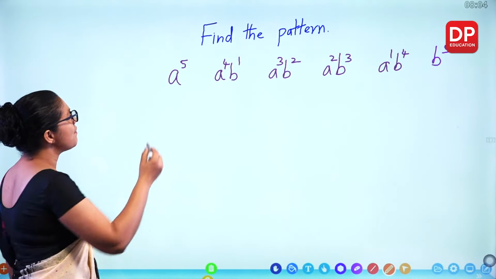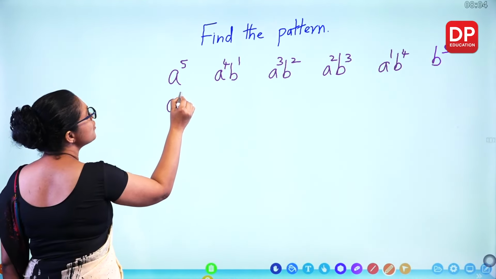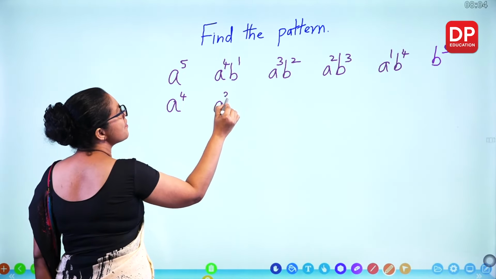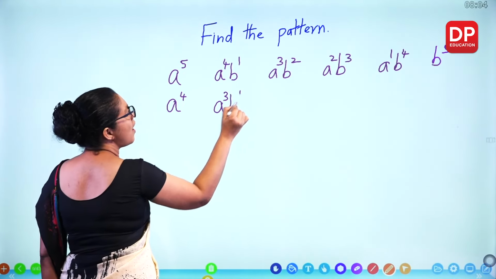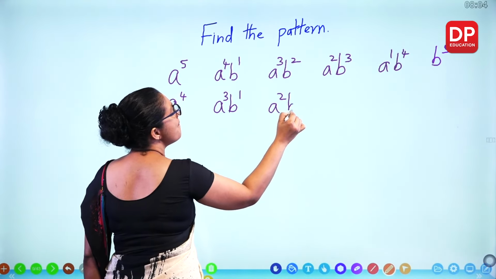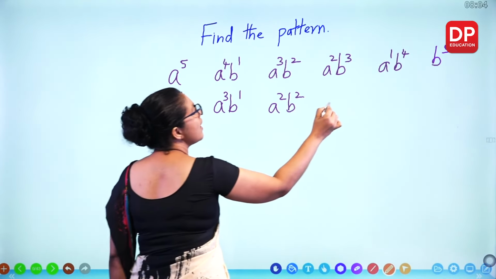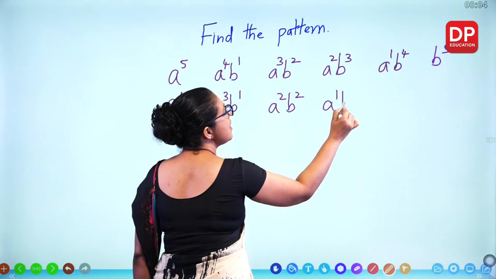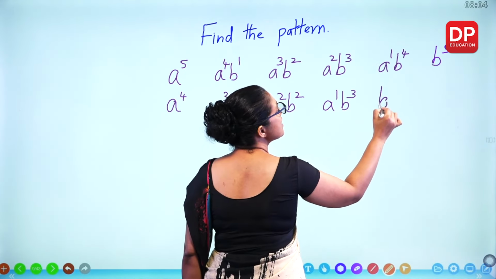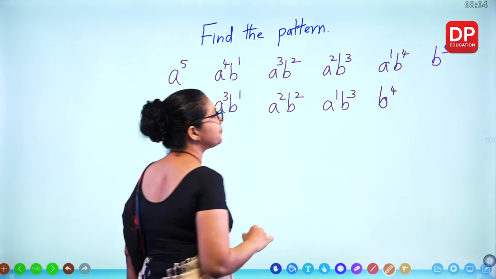Now we'll take another one. a to the power 4. I can write a^3 b^1, a^2 b^2, a^1 b^3, a^0 no need to write, b^4.